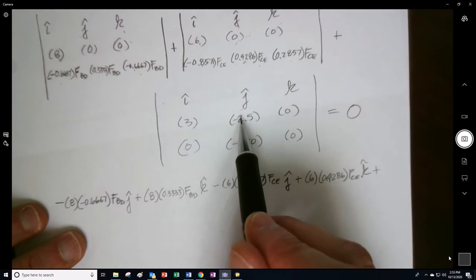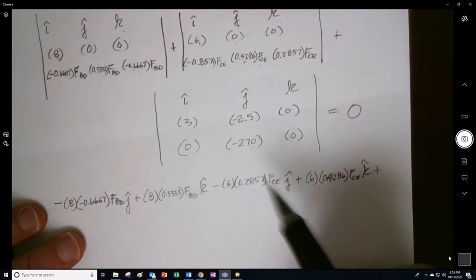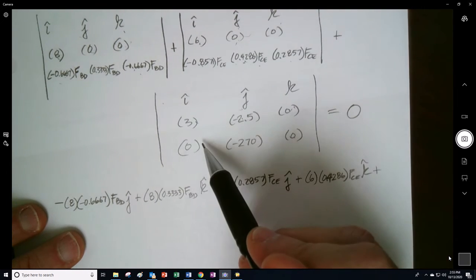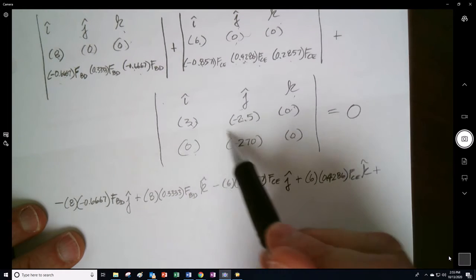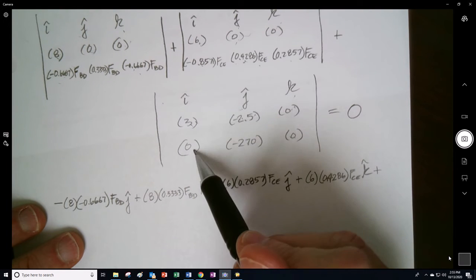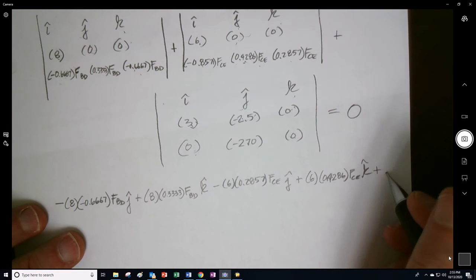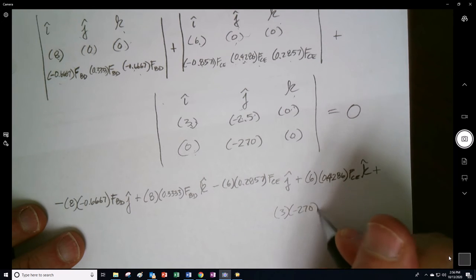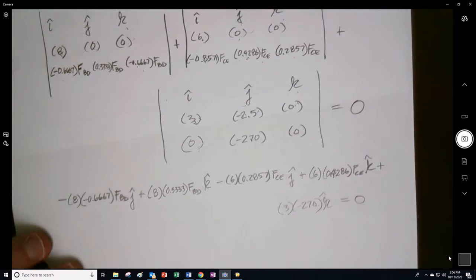So for the I, this times this, 0. This times this, 0. Great. For the J, this times this, and this times this, right? And then for the K, this times this, and that times 0. So it's really just 3 times negative 270 times K equals 0.